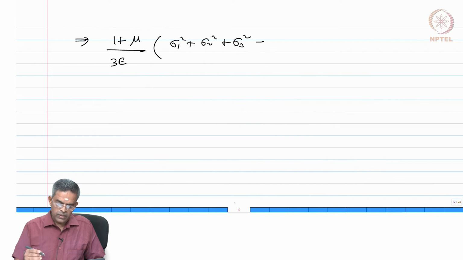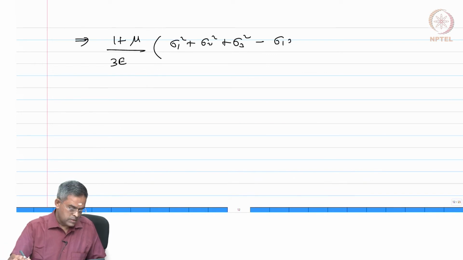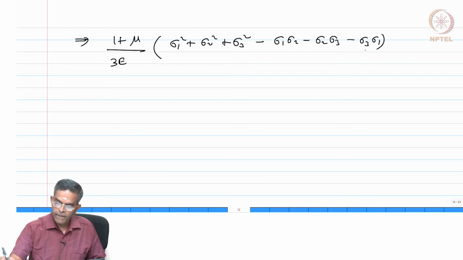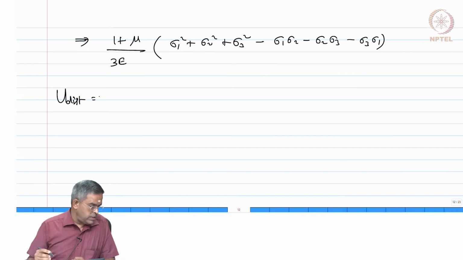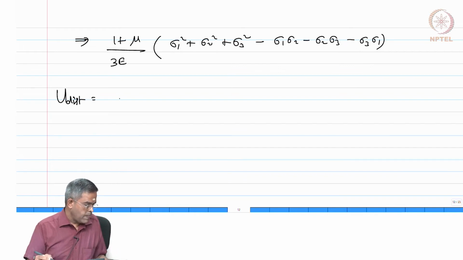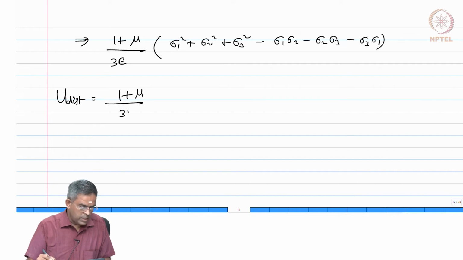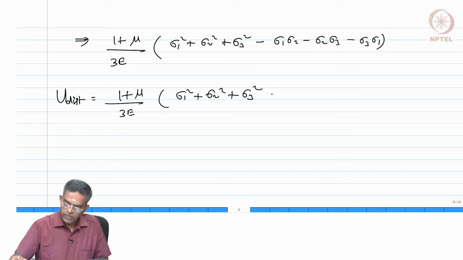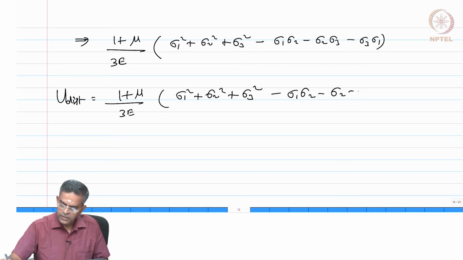So, I take (1 plus μ) by 3 as common, so σ1 square minus the products. My U distortion is actually equal to (1 plus μ) by 3E of σ1 square, σ2 square and σ3 square minus the products. Okay.